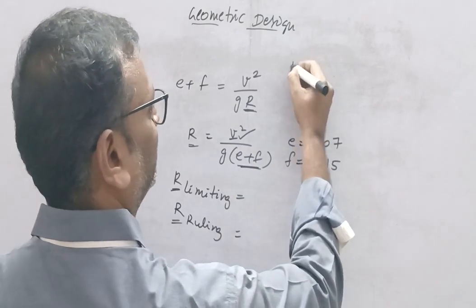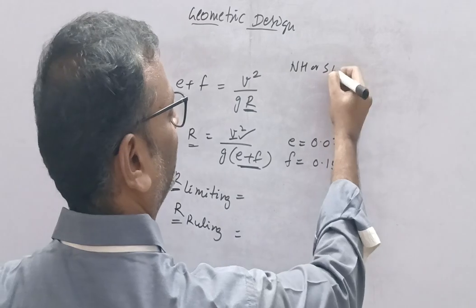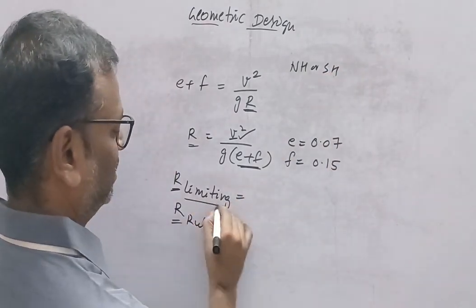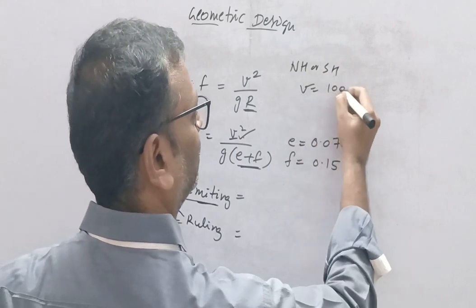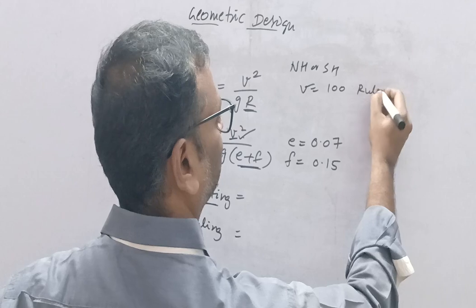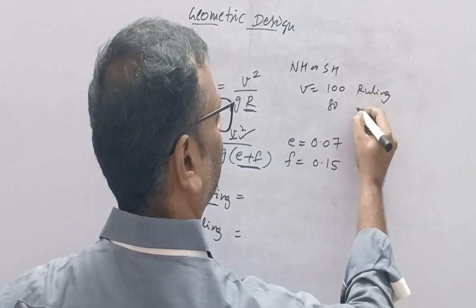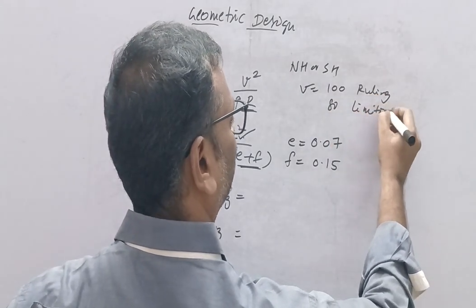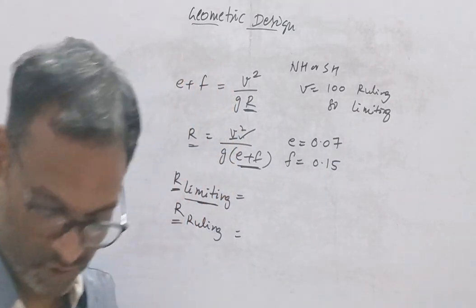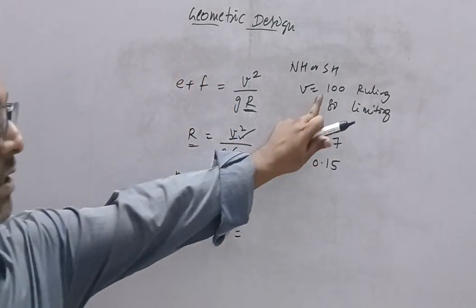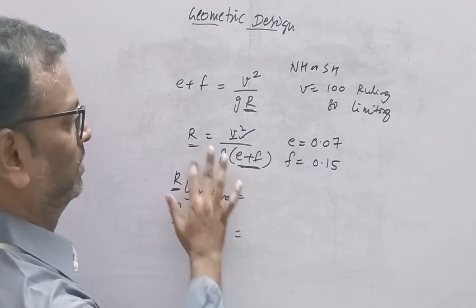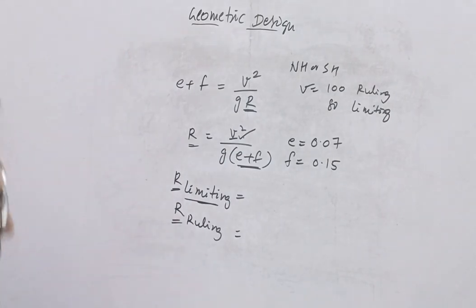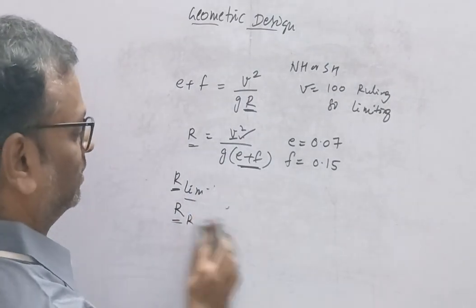If it is a national highway or state highway, then 100 is the ruling and 80 is the limiting. Ruling design speed and limiting design speed. Accordingly, you calculate and find your answer.